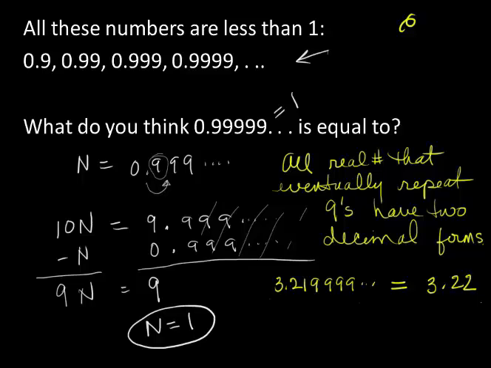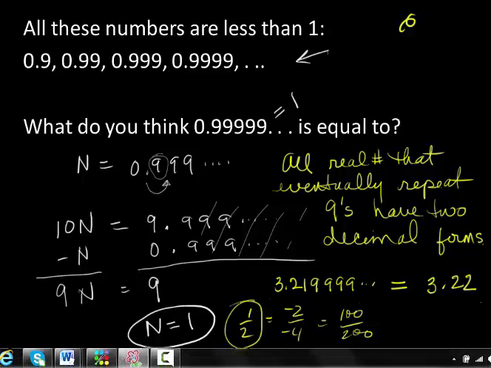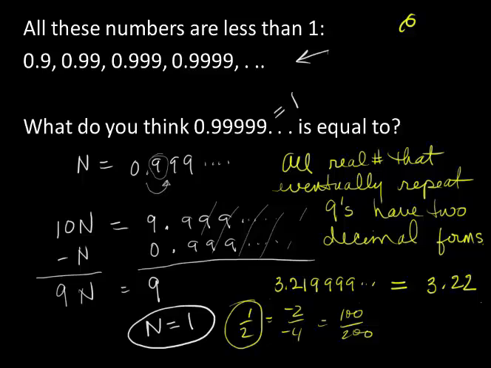We know that as a fraction, you can write something like 1/2. We could write it as -2 over -4. We could write it as 100 over 200. There's infinitely many ways to write this number as a fraction. And that particular number, there is only one way to write it. Well, no, there isn't. It's a terminating decimal, so 0.5 is the way we would choose.